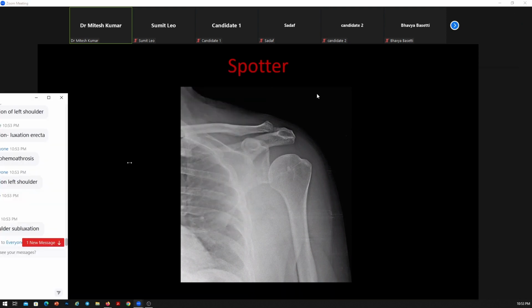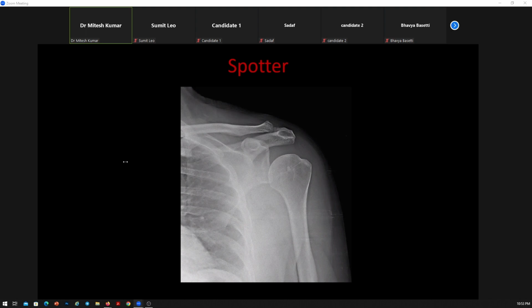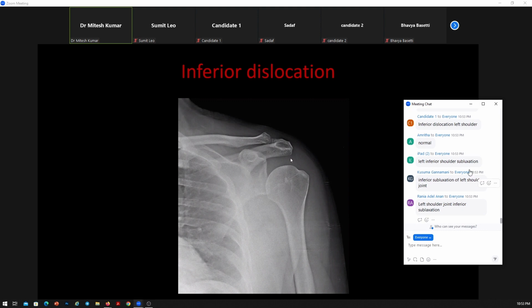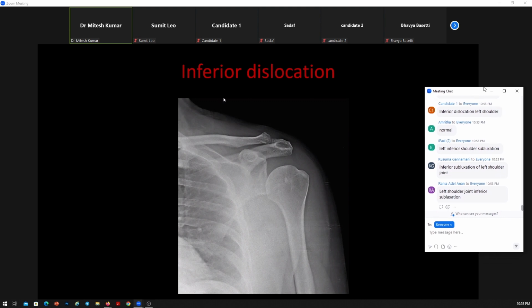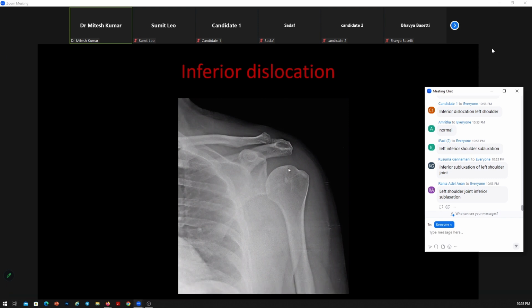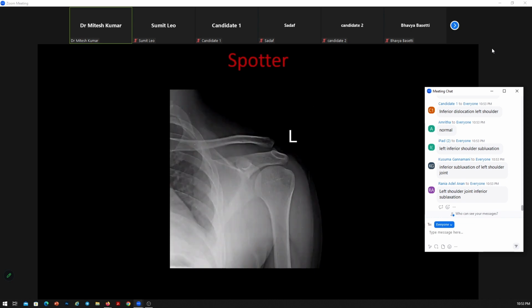Someone has written joint effusion, but we'll discuss about that part in another X-ray. Now this is a case of inferior dislocation. Now this could be due to post-traumatic etiology or even in some patients of hemiplegia where the deltoid will lose its tone and there is inferior subluxation of the humerus. Yeah, few candidates have written it correctly. Inferior shoulder joint subluxation. Next case.